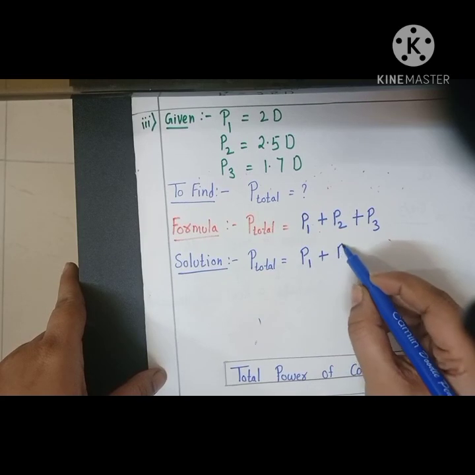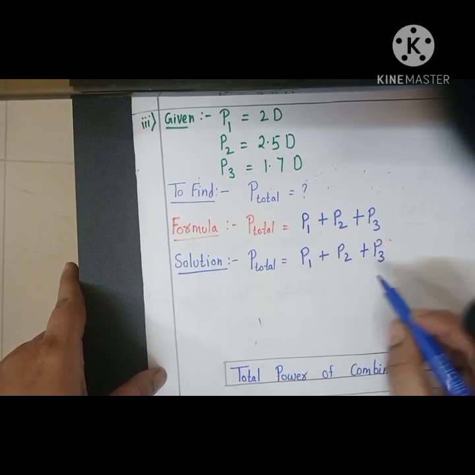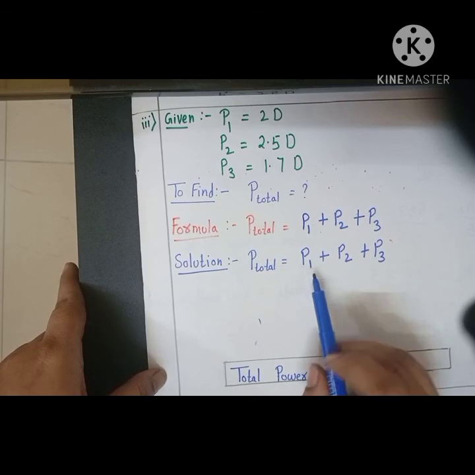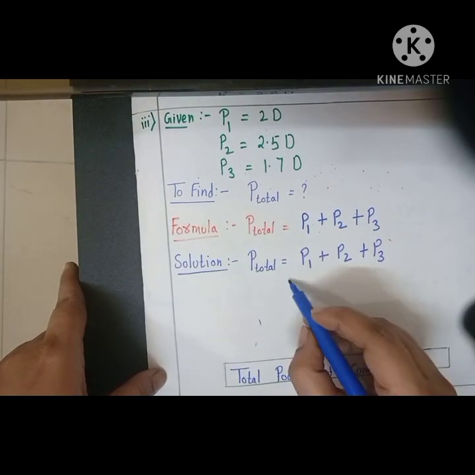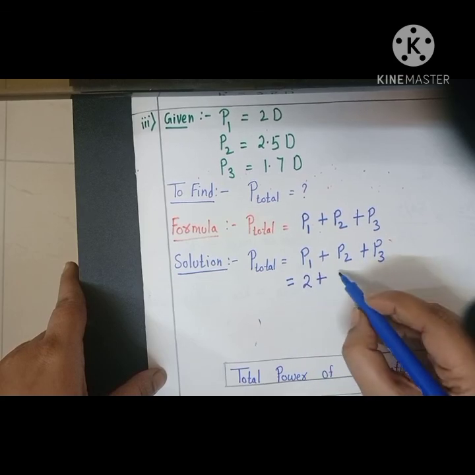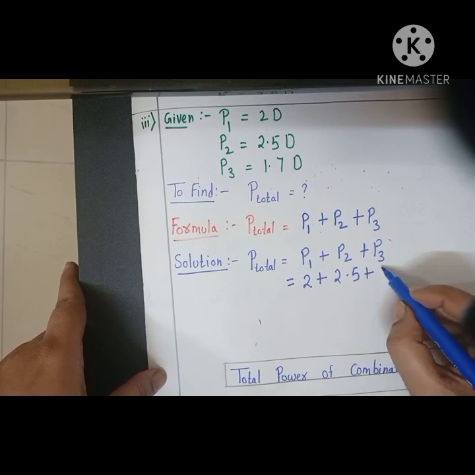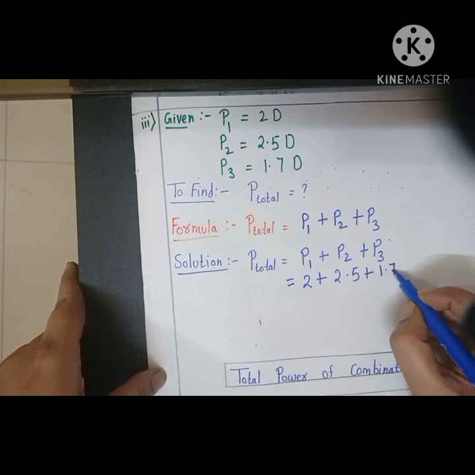Substituting the value of the power of the lenses in formula, we get 2 plus 2.5 plus 1.7.